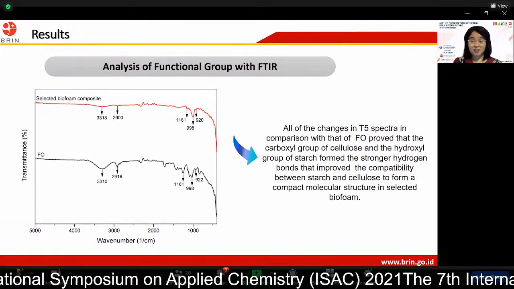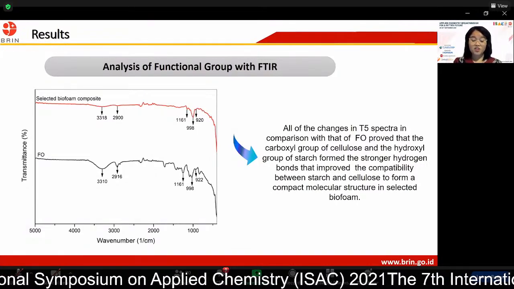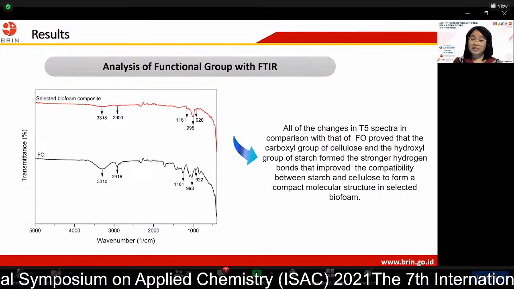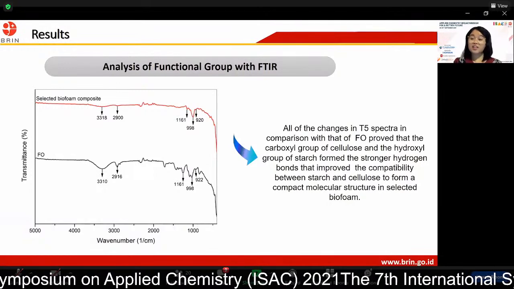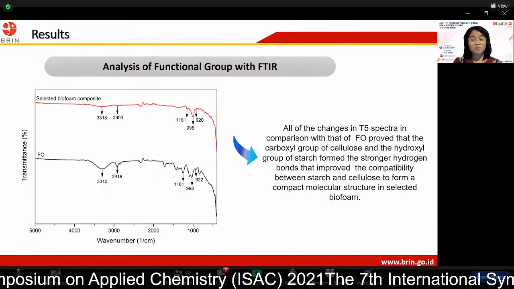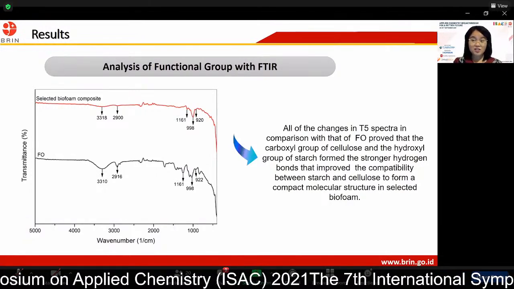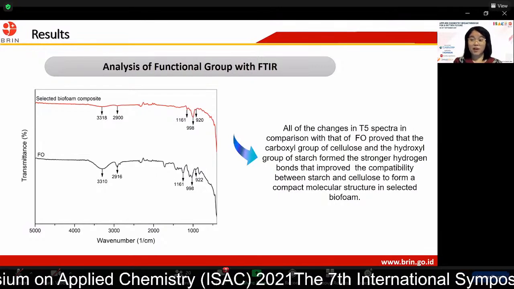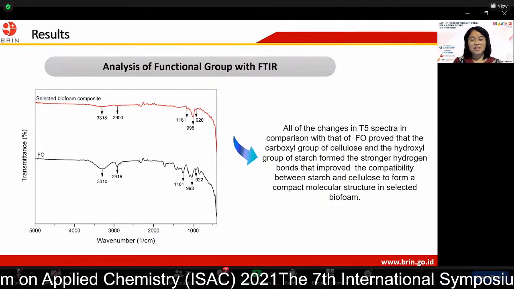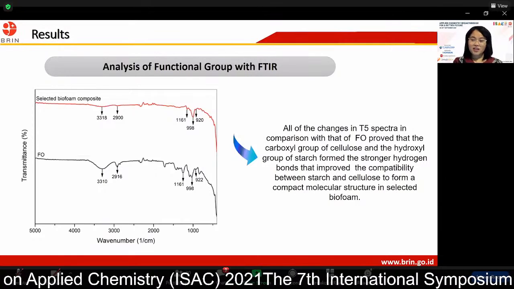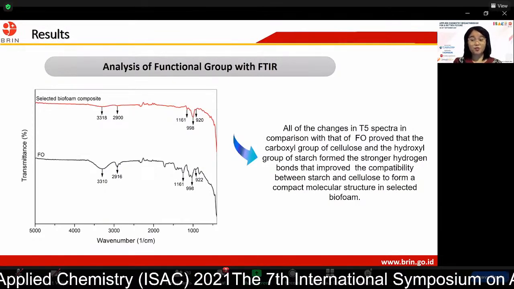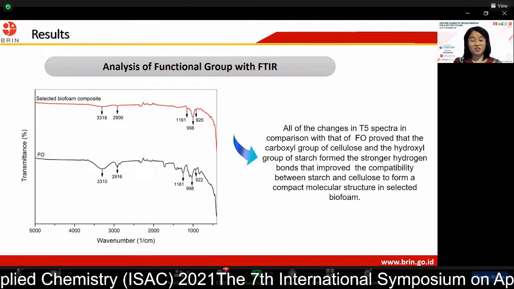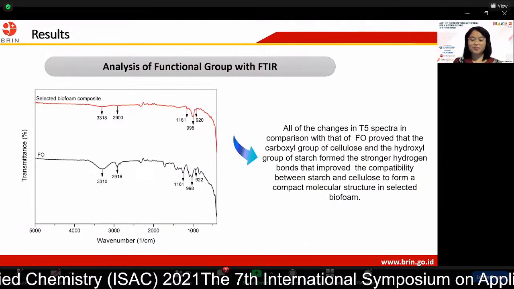There is a reduction of the OH stretching band in the composite, showing the existence of hydrogen bonding interaction between the starch and the filler, which is microfiber cellulose. These results show the compatibility between the starch and cellulose to form a compact molecular structure in the biofoam.